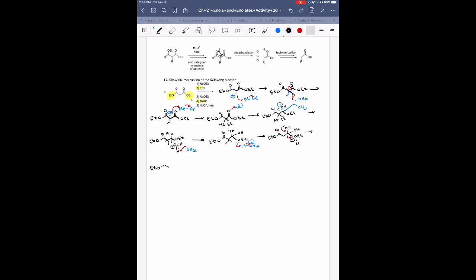So now we're going to deprotonate the H from the OH group with water. And now we're going to do the whole process again with the other side, so we can kick out the ethoxide group and create an OH. So we're going to do that all over again.